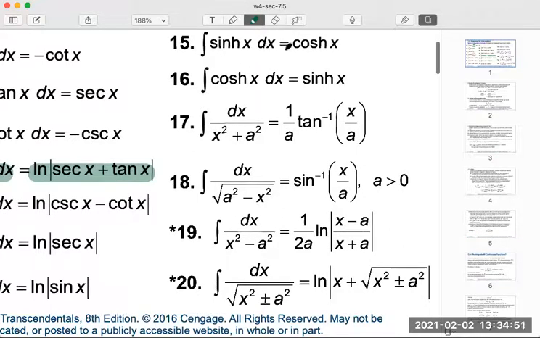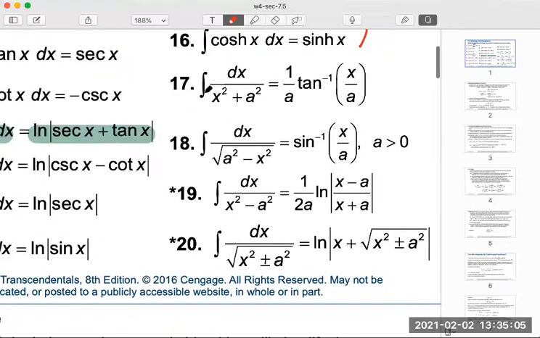Sine hyperbolic is similar to cosine. You just have to spend more time on these equations. It's similar to sine and cosine, but you can review it yourself. Here, this term x squared plus a squared, if you define x to be a tangent theta, right?